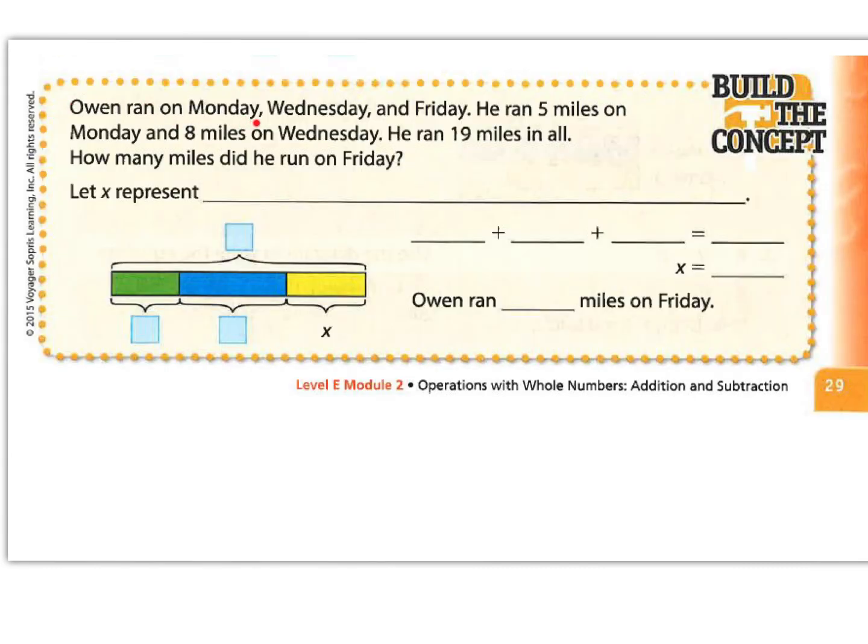Owen ran on Monday, Wednesday, and Friday. He ran 5 miles on Monday and 8 miles on Wednesday. He ran 19 miles in all. How many miles did he run on Friday? Well, the question is asking how many did he run on Friday, so x is going to be the number of miles he ran on Friday.